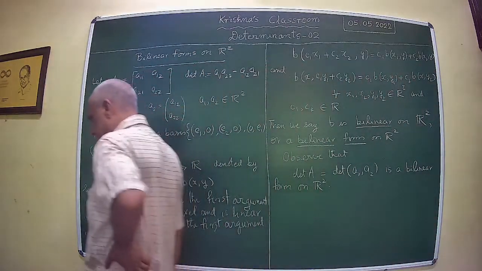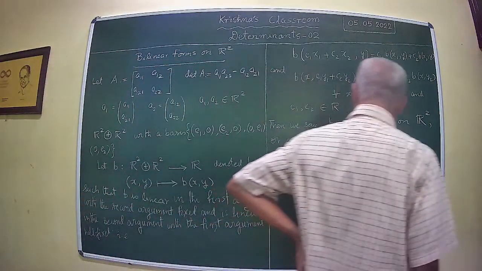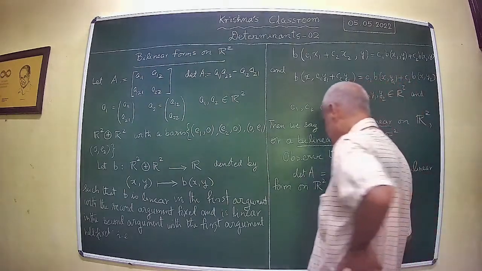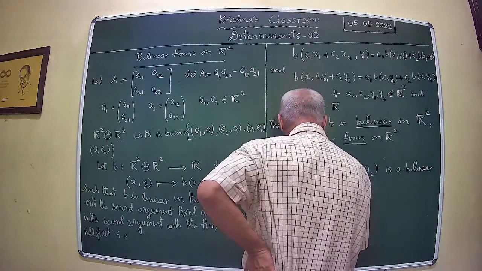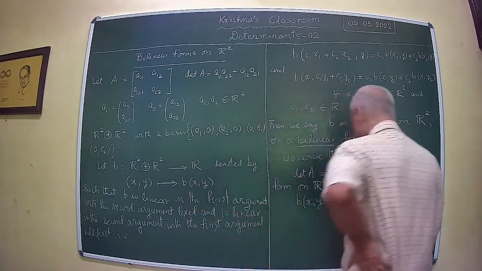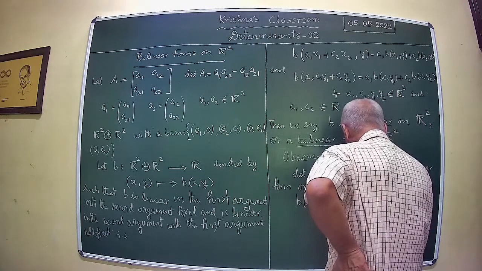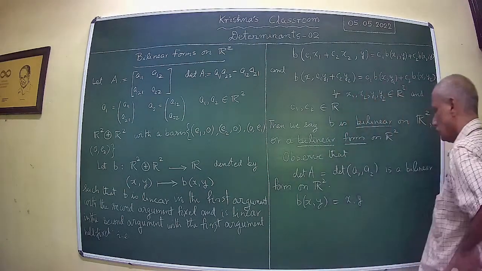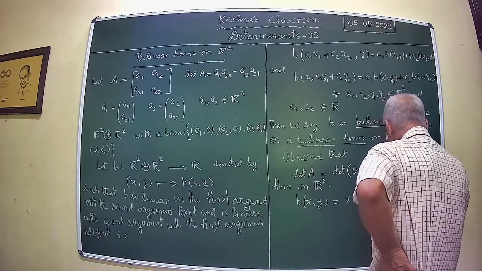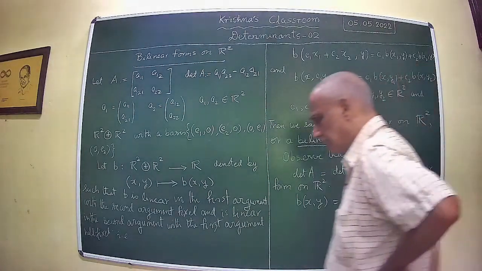In fact, if you take B(X, Y) equal to X dot Y, with the usual inner product, you see that this is a bilinear form.